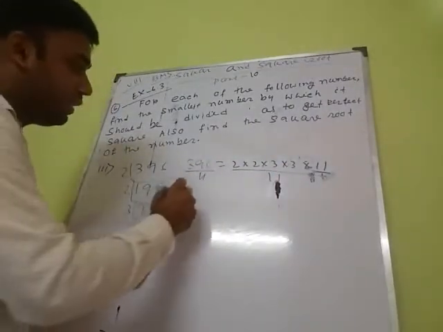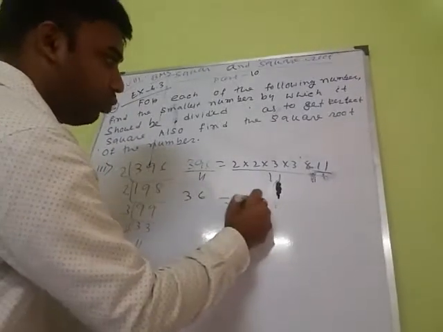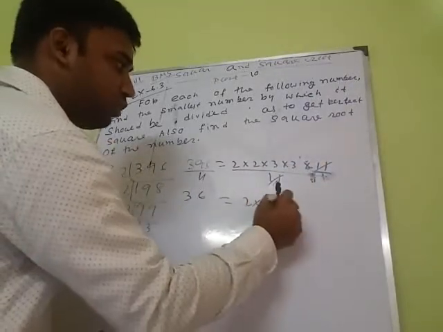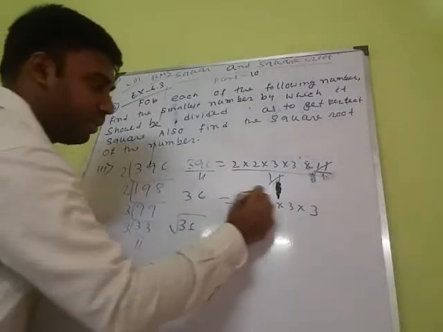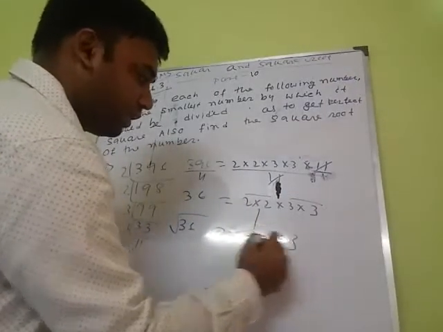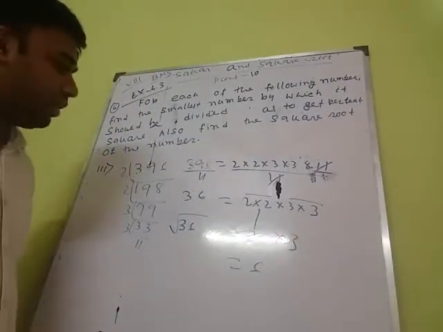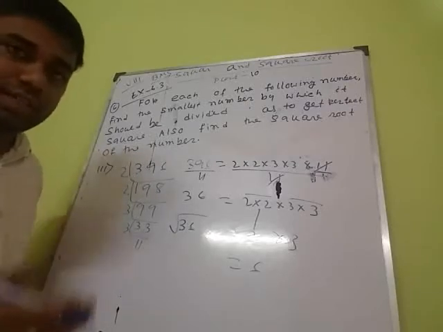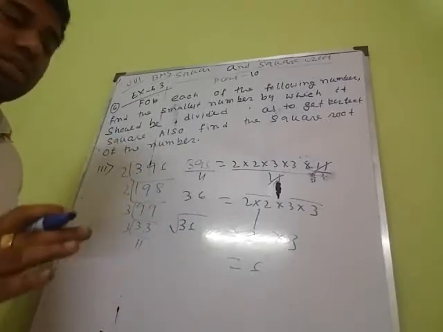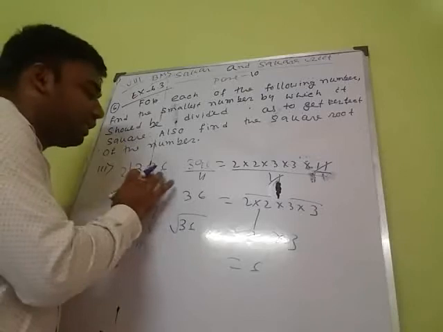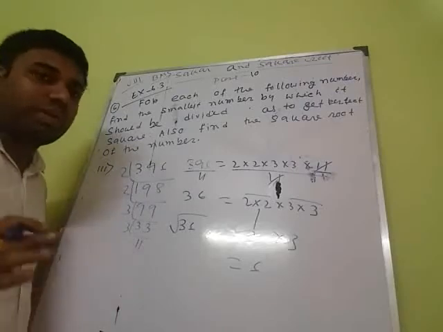Dividing 396 by 11 gives 36, which is 2 into 2 into 3 into 3. The square root of 36 is 2 from one pair and 3 from the other, so 6. So the smallest number is 11, and 396 is divided by 11 to get a perfect square number.